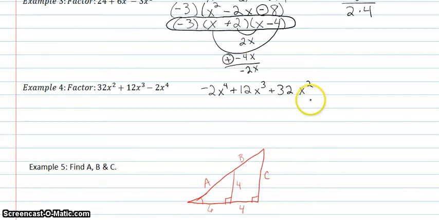And I see that I can factor out an x squared from each of my terms. And I can also factor out a negative 2. So that will make my first term positive, which is much easier to factor.